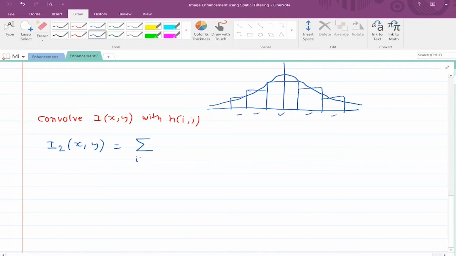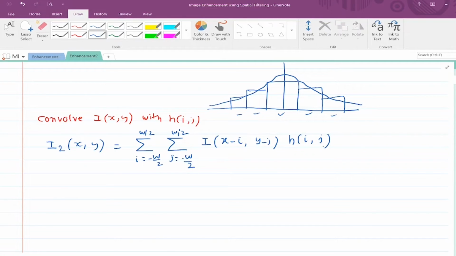So you would vary i from minus w by 2 to w by 2, again taking the floor value. j is again varying from minus w by 2 to w by 2, of I of x minus i, y minus j, multiplied with h of i comma j. So in a way, x comma y being the center, I am flipping the image there, right?